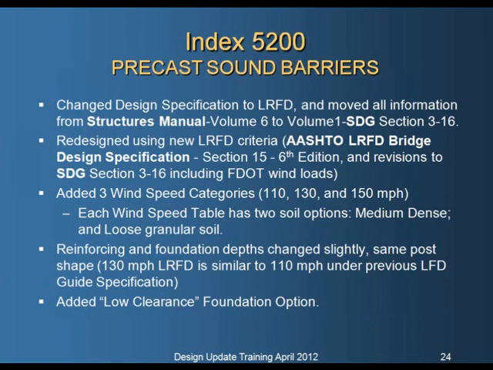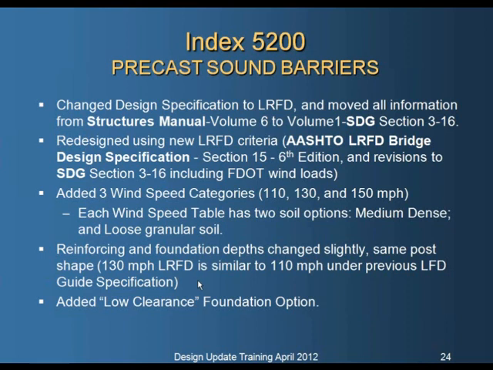No, sorry, the 110 was fastest mile, and the 130 mile an hour wind is now using the 3-second gust criteria. And so essentially those wind pressures are about the same. There are some subtle differences with load factors and resistance factors which affect the design, but not too many. No increase in depth of the foundation, which is good.